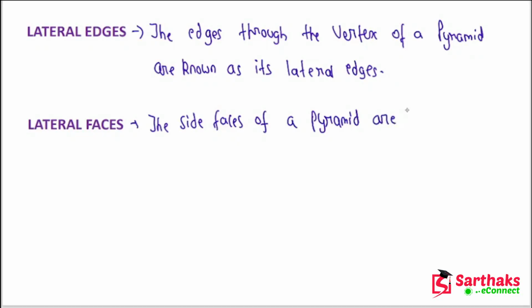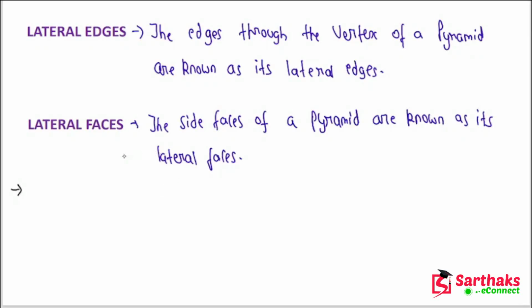The side faces of a pyramid are known as its lateral faces. Now if you see clearly, then the side faces are nothing but triangles. So the side faces of a pyramid are actually its lateral faces.